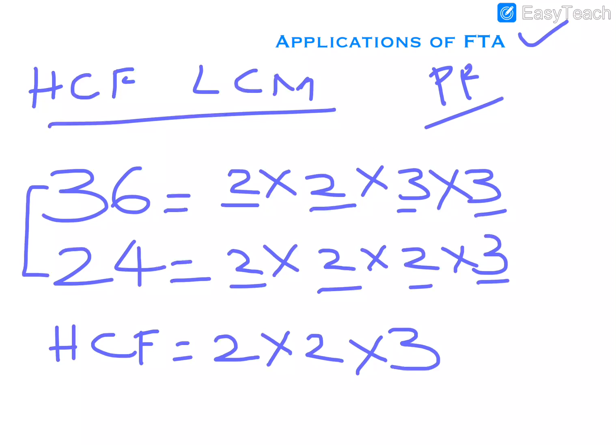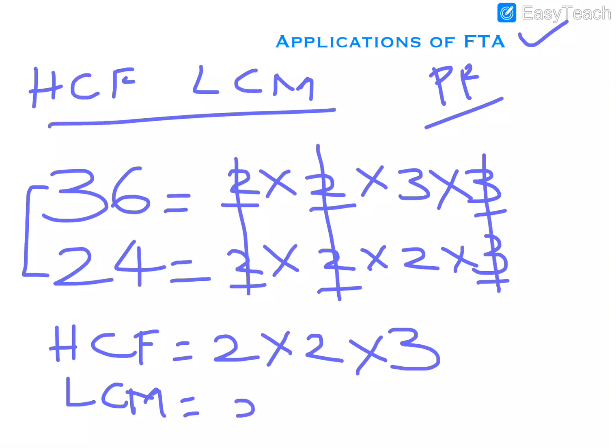Now how to find LCM? For LCM, whatever is the HCF part we will leave. So other than HCF, what is there? For example, here this part and this part we have not taken common. Here this common we have taken, this common we have taken, and this we have taken common.